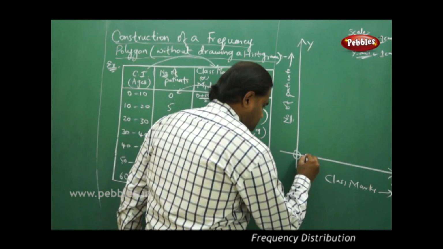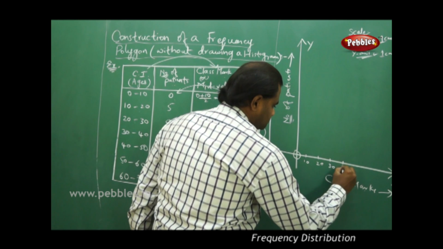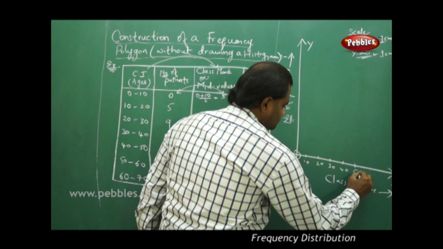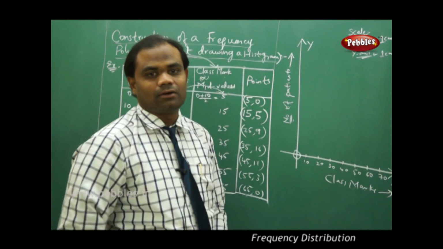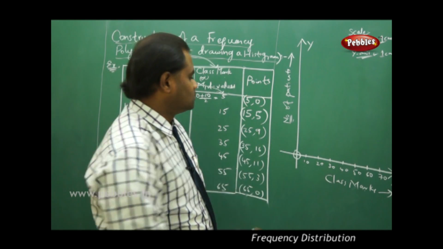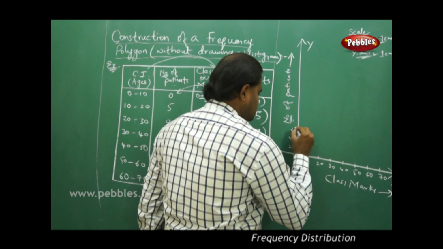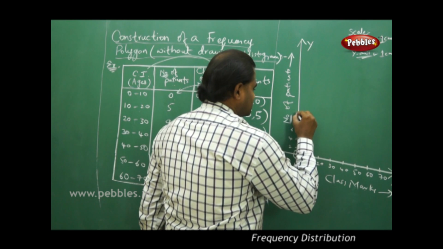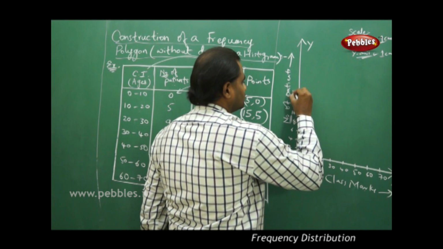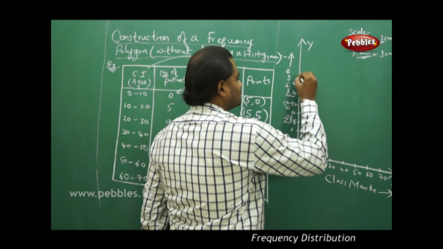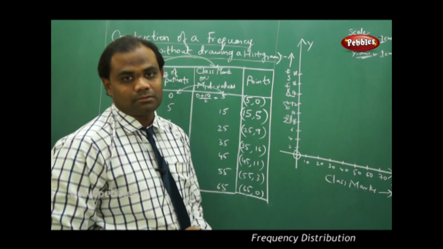So here I have 10, 20, 30, 40, 50, 60, 70, etc. on the x-axis, and then 2, 4, 6, 8, 10, 12, 14, 16, 18, etc. on the y-axis.